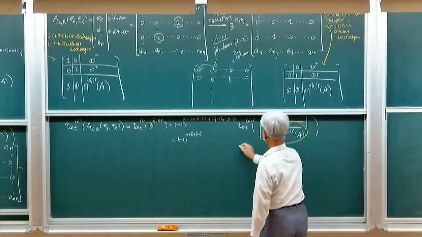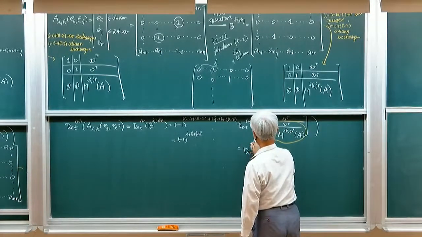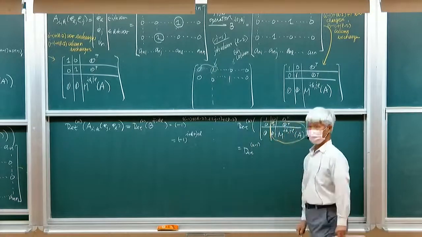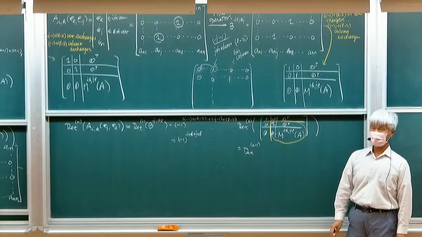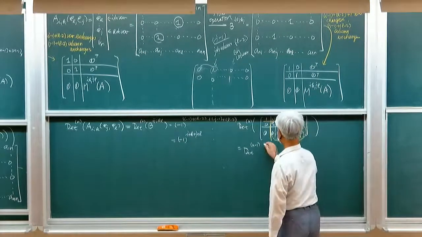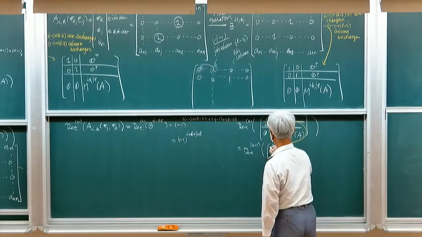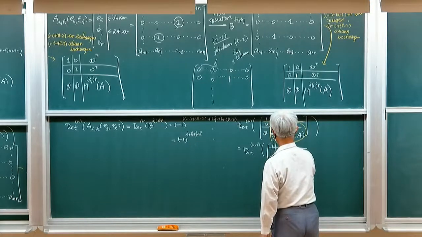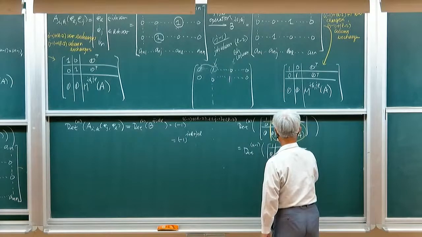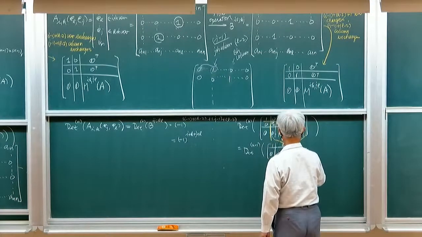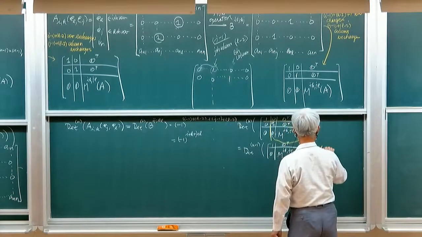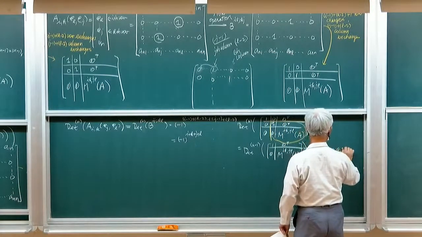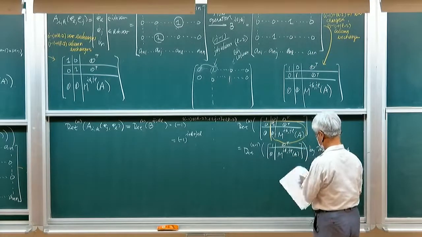Okay? So this matrix becomes, by using the determinant function for m-1 times m-1 matrices, this. Okay, so by theorem 1A there.